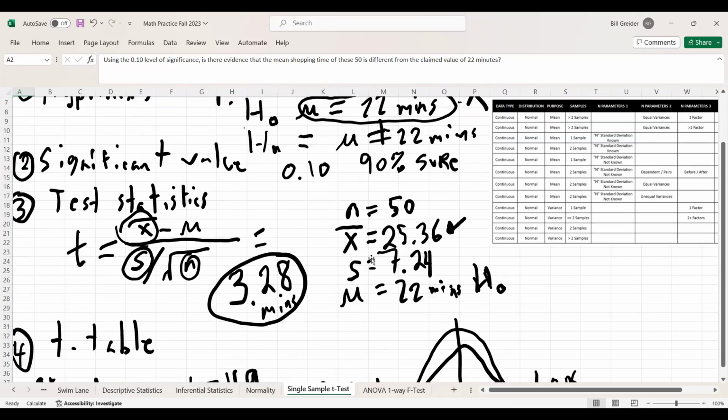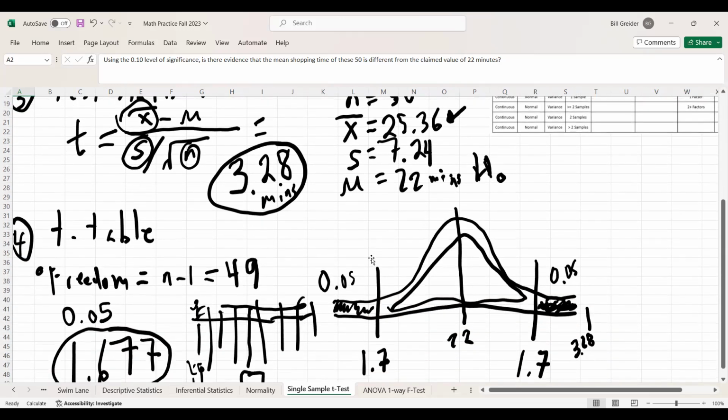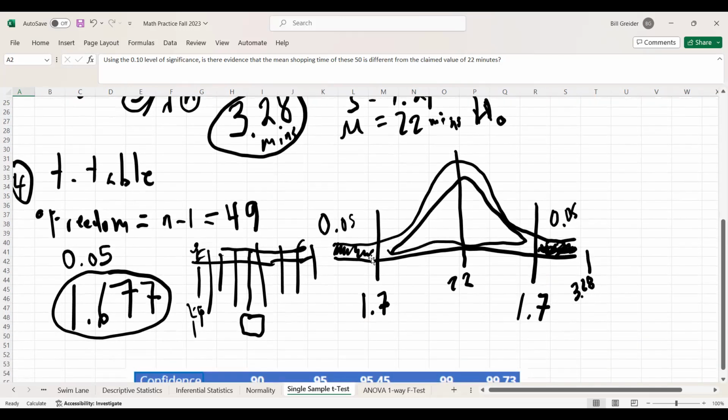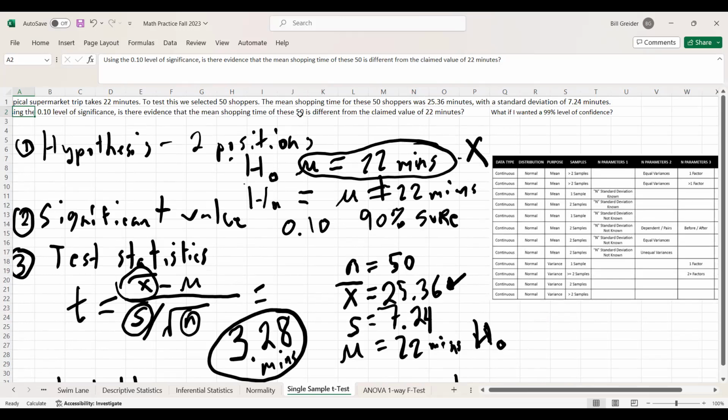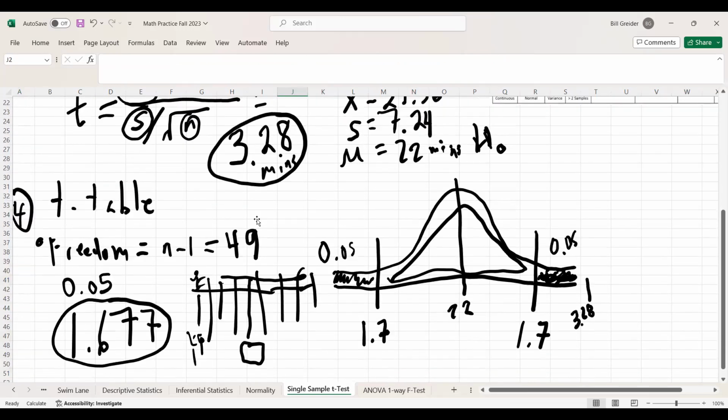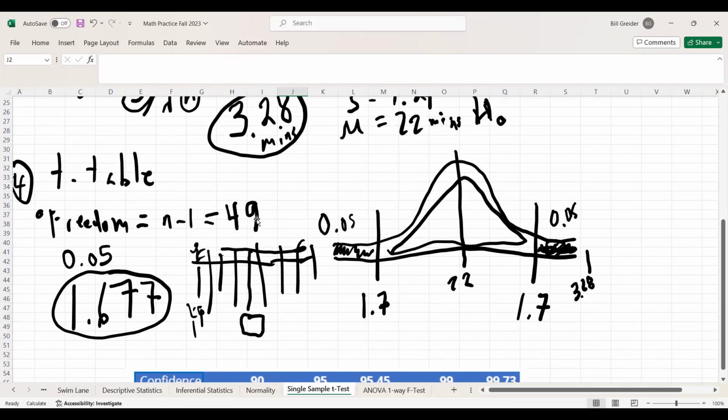And I have to go into a t-table. For a t-table, I'm looking at the degrees of freedom. Degrees of freedom all it means is take the number in the sample, which is 50, minus 1. Degrees of freedom is 49.